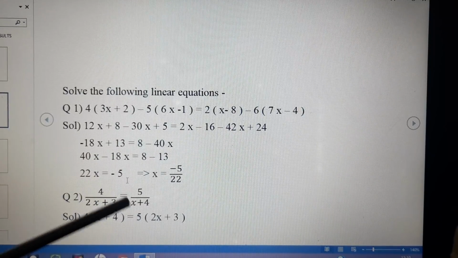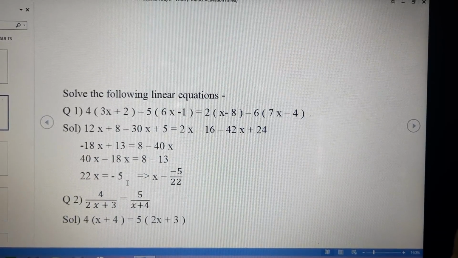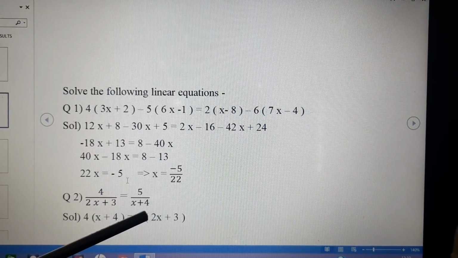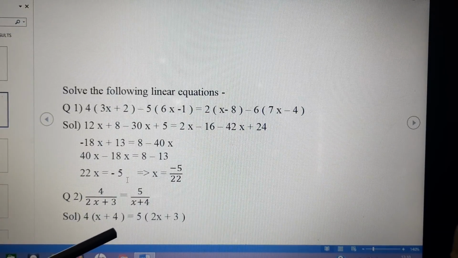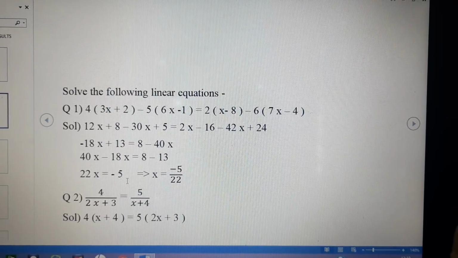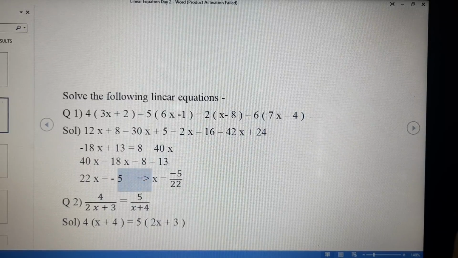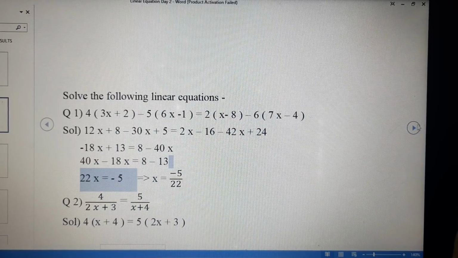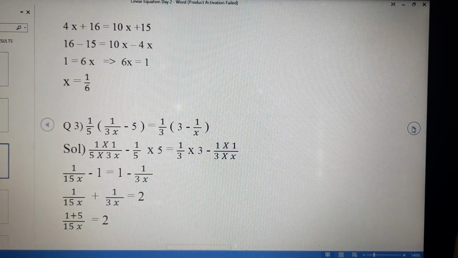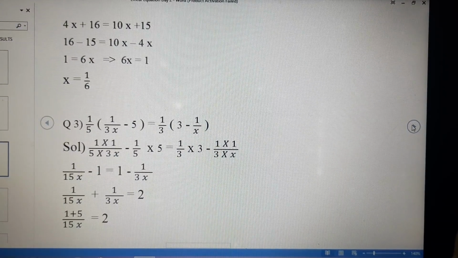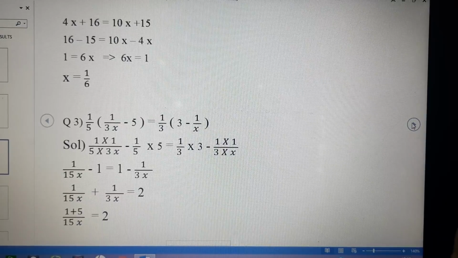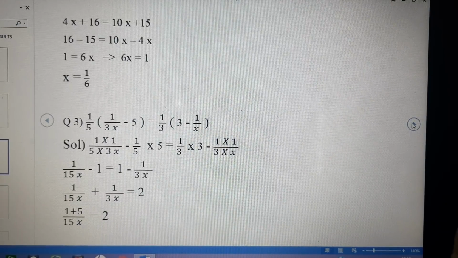What we'll do is directly do cross multiplication, means 4 into x plus 4 is equal to 5 into 2x plus 3. As I have said, if it is a binomial or trinomial, always use a bracket. So 4 into x, 4x plus 16, we have opened the bracket, and 10x plus 15.